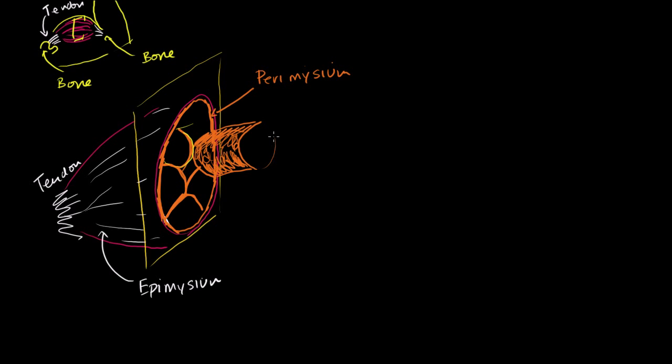So each of these, I guess you'd call them subfibers, but these are pretty big subfibers of the muscle. This is called a fascicle. This is a fascicle right here. And then the connective tissue inside of the fascicle is called the endomysium.